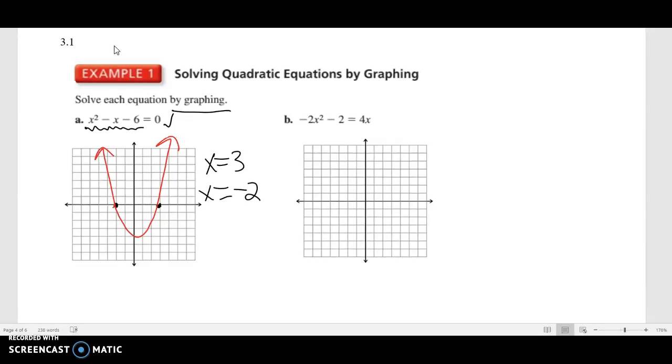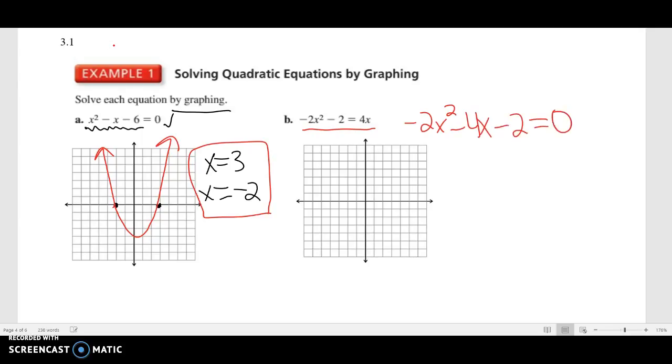Now I want to take a look at example 2. So I've got my answers for example 1. In example 2, this is not equal to 0, looking at this equation. So I need to subtract 4x from both sides so that I get negative 2x squared minus 4x minus 2 equals 0.